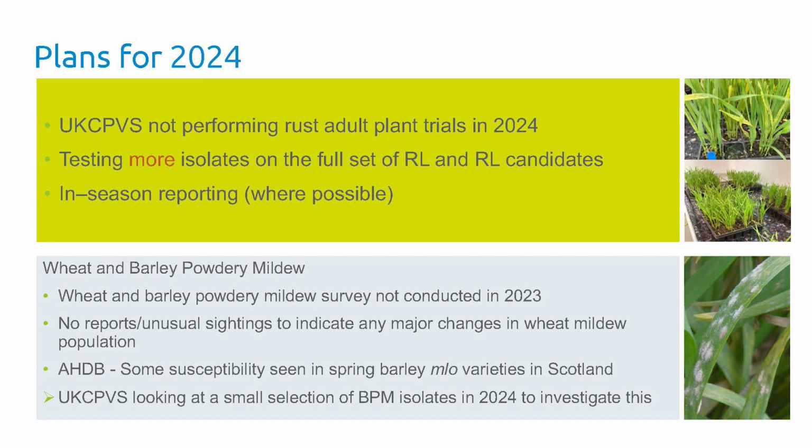We'll see how many we can get through. So it's a work in progress and something that we're improving. And as I've mentioned, we really want to get not only the tests done, but the reporting in season. So these are the things that we'll be focusing on over the coming year.